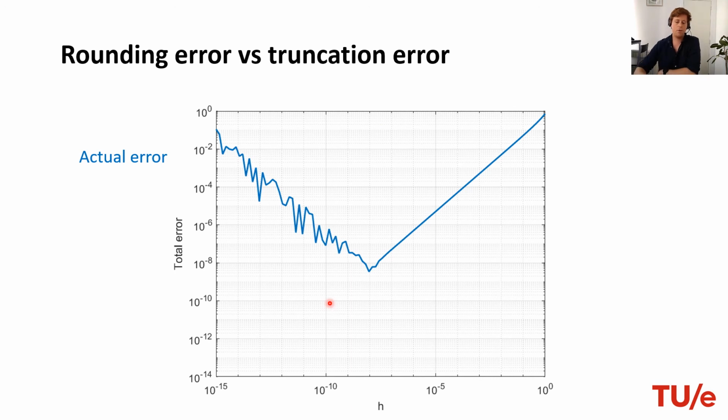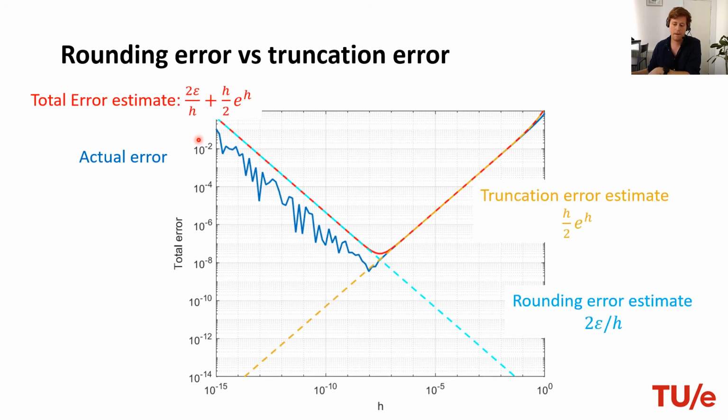So let's take a look at our observations that we saw earlier and see whether our entire analysis of the errors, truncation error and rounding error, makes sense with the observations that we've seen. Here we have the actual error that we found. This is 1 minus the forward finite difference approximation that we did. We can add to this plot the following terms.